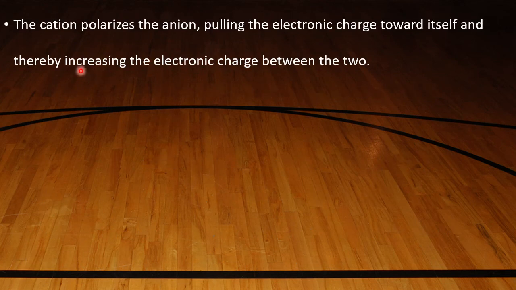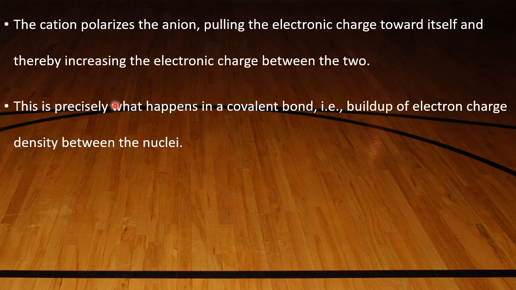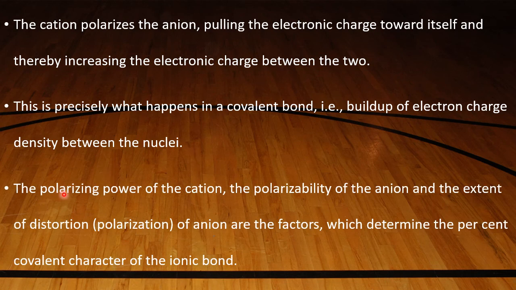The cation polarizes the anion, pulling the electronic charge towards itself and thereby increasing the electronic charge between the two. This is precisely what happens in a covalent bond, that is, a buildup of electron charge density between the nuclei. The polarizing power of the cation, the polarizability of the anion, and the extent of distortion of the anion are the factors which determine the percent covalent character of the ionic bond.